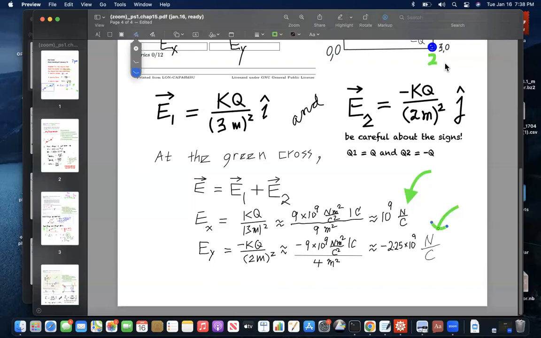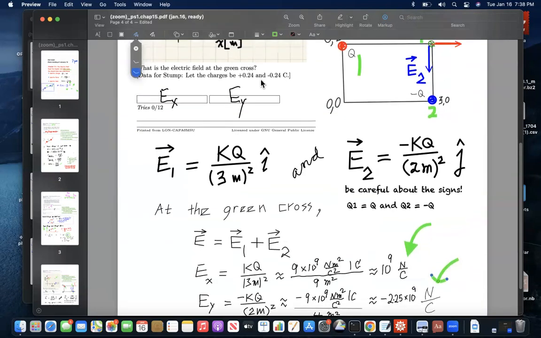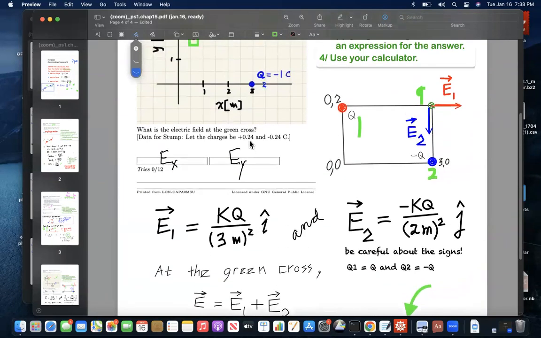Here's a question on the chat board. Do you not need to include the plus 0.24 and minus 0.24?